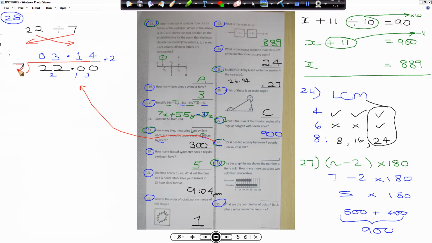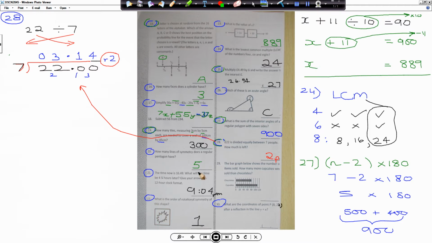How many 7s in 30? 4, remainder 2. We stop here because it's £3.14. So we have 2 left over, which is our remainder. How much is left over? 2p is left over. Otherwise we would keep going to the tenths and units of pennies.